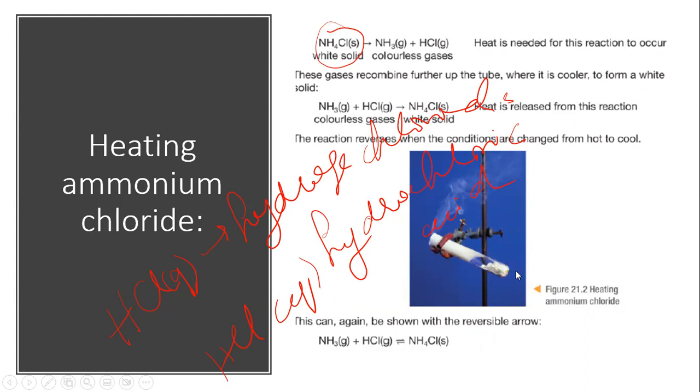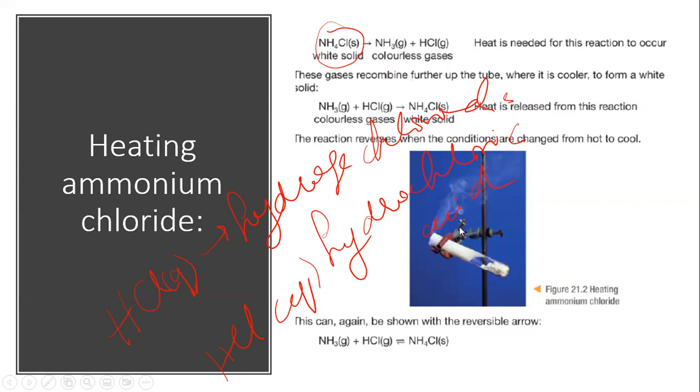So you have a white solid at the base where you are heating it up, right? As you're heating it up, it is breaking down into ammonia and hydrogen chloride gas. As the gases reach the top of the tube, the temperature is a bit cooler, and as a result, they recombine with each other, they join back with each other to give you ammonium chloride, and you can see the white solid accumulates again at the top of the test tube.